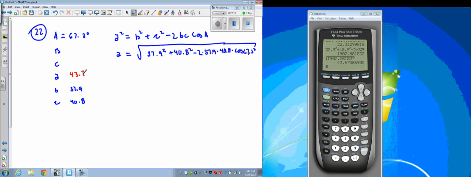Now what do we have to do? Law of sines, on the smaller of the two angles. What did you guys get? 41 point... So it's going to be B. I'm just going to write it as the sine of B equals the sine of A over AB.